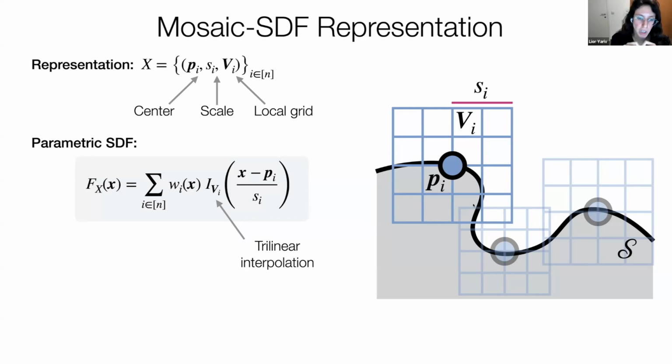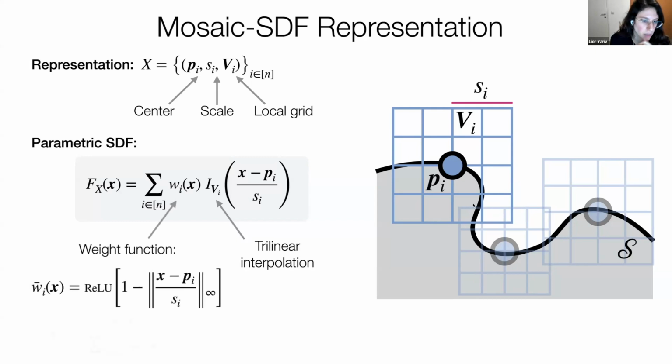Then you combine these two values by a weighted combination. We simply choose a very simple weight function, like a step function, and this gives us the final SDF approximation, as a weighted combination of the evaluations of the 3D position according to these local functions.